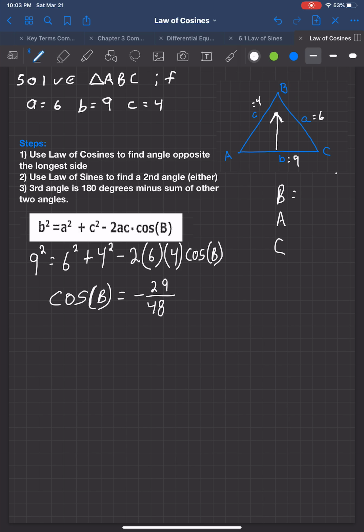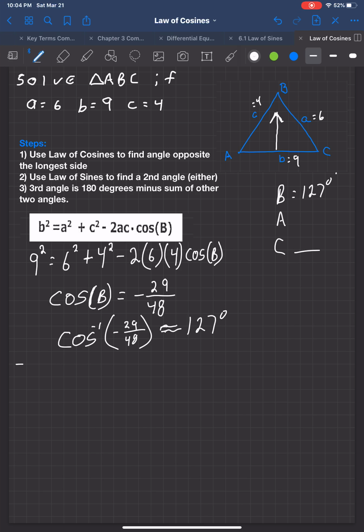So now let's actually take cosine inverse of negative 29 over 48. And what do we get, roughly? 127 degrees. So B is equal to 127 degrees. And yes, I almost wrote it right here again. All right, so 127 degrees.